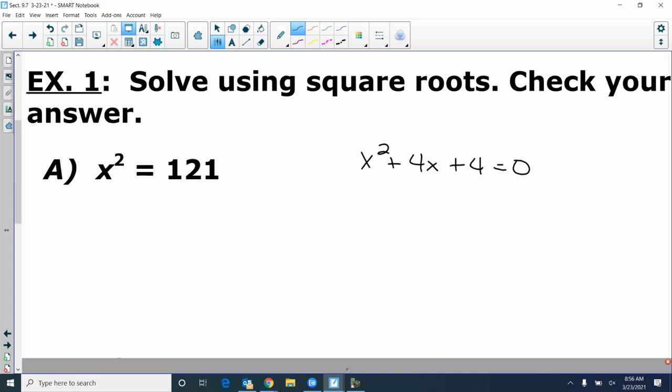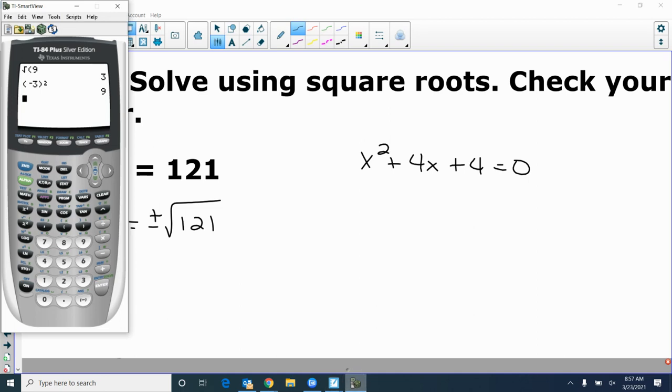Okay. So when I take the square root of x squared, I do this. Then you do plus or minus square root of 121. Go ahead and write that down. The square root of x squared is just x. Christian, write this down. Now, square root of 121.